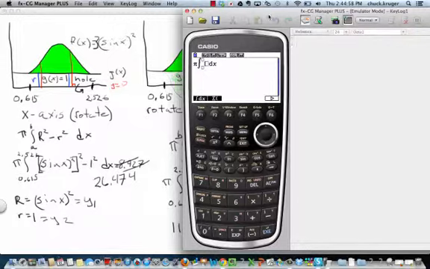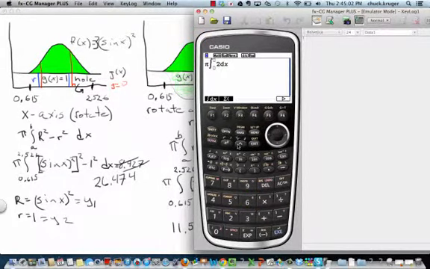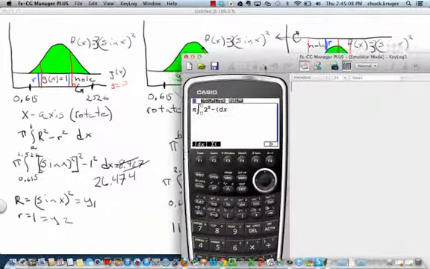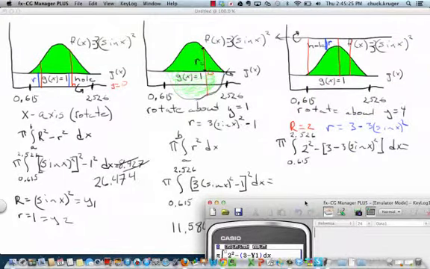And I'm going to have 2 squared minus parentheses 3 minus, and I'm going to go to vars, and go to my graph. I'm going to choose y1, and I'm going to square that.